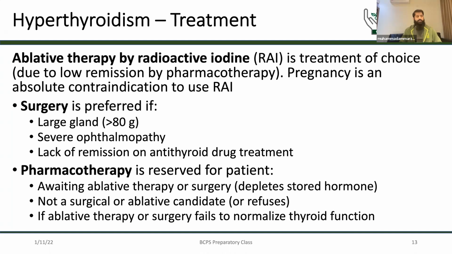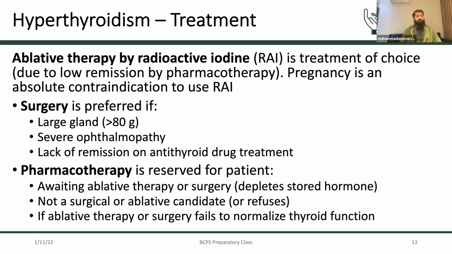If there is severe ophthalmopathy or bulging of the eyes, then surgery is an option. Also lack of remission on anti-thyroid drug treatment. So we tried pharmacotherapy before, but we cannot achieve remission. So in that case, we can opt for surgery as well.